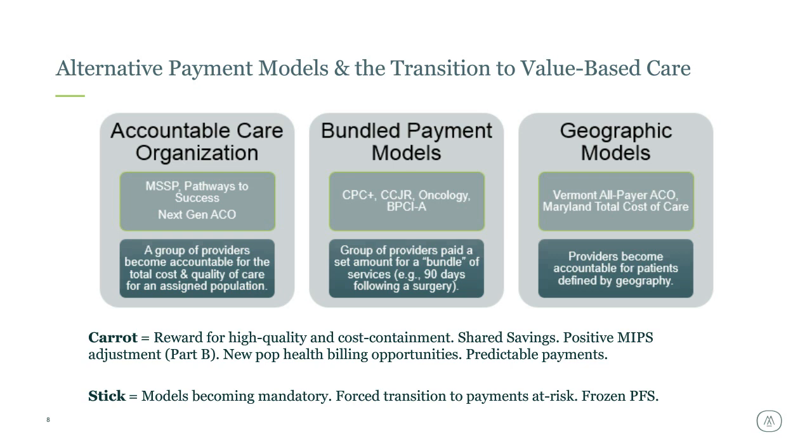And all of this is due to the fact that basically Medicare has stated and continues to say that they want 100% of Medicare payments to be in alternative payment models by 2025. So they're really trying to usher providers into these models. And, like I said, with both carrots and sticks.